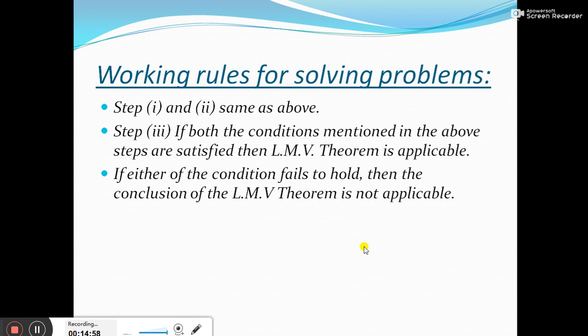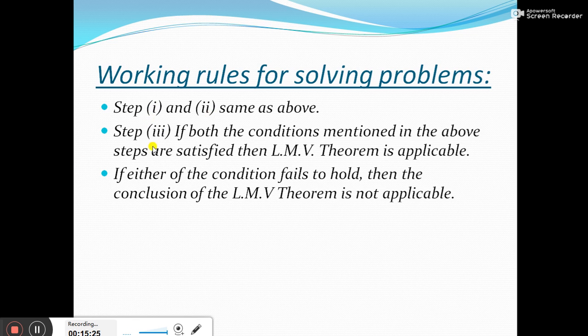represents the slope of the secant line. And now here are the working rules for solving the LMV theorem. Step number 1 and step number 2 are the same as we have done earlier in Rolle's theorem. That means first is continuous on the closed interval, second is differentiable on the open interval.